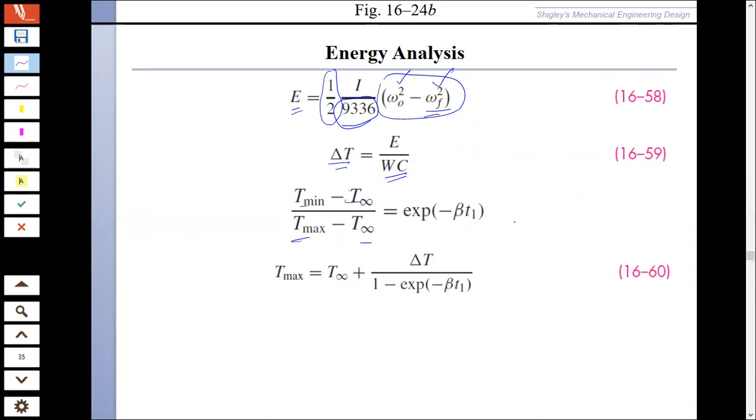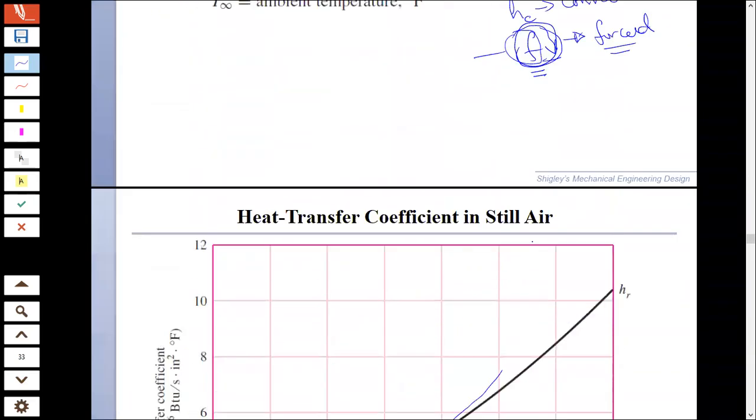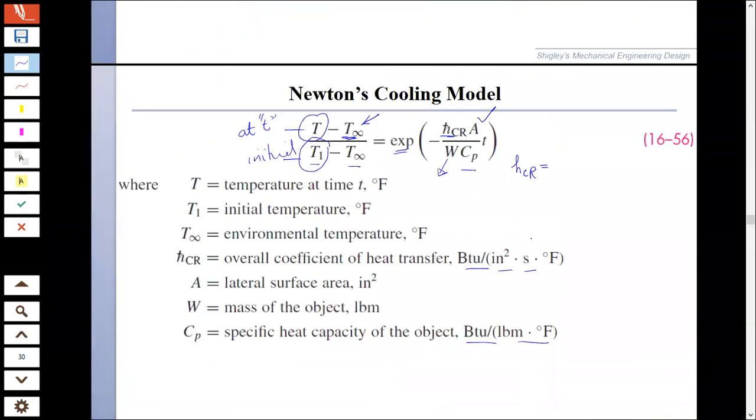This is actually the same equation as equation 16-56.